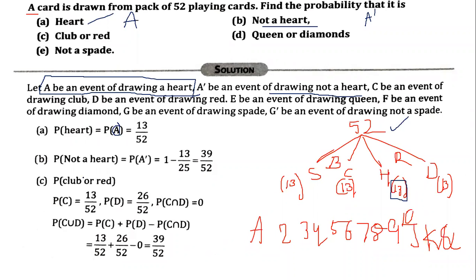Now, how do we solve such a question? Probability of not drawing a heart card is probability of A dash, which is equal to 1 minus probability of A. So 1 minus probability of A will give us probability of A dash, that is, of not drawing the heart card.